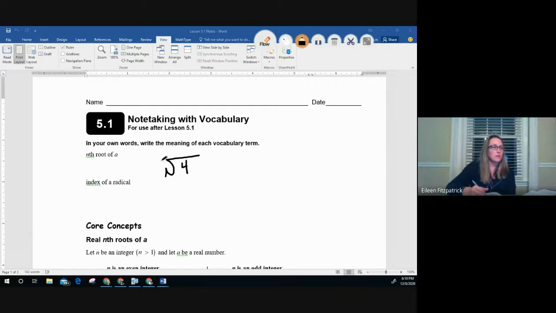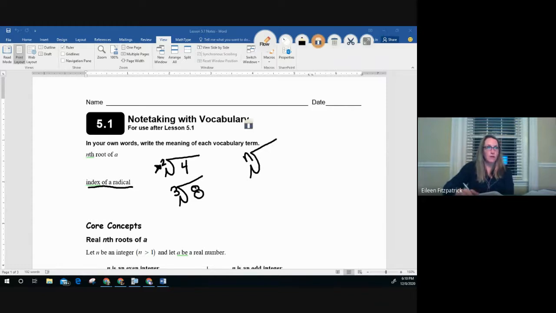Okay, we call it the square root. Well, this little number, that is what we call the index of the radical. That's the index, and that's the root that we're taking. So we might be taking the third root of something like 8. Again, 3 is your index. You might be taking the nth root of some number as well. We're going to talk about that as we go forward.